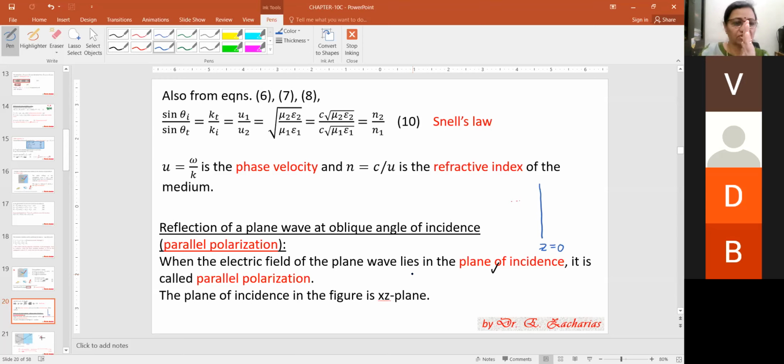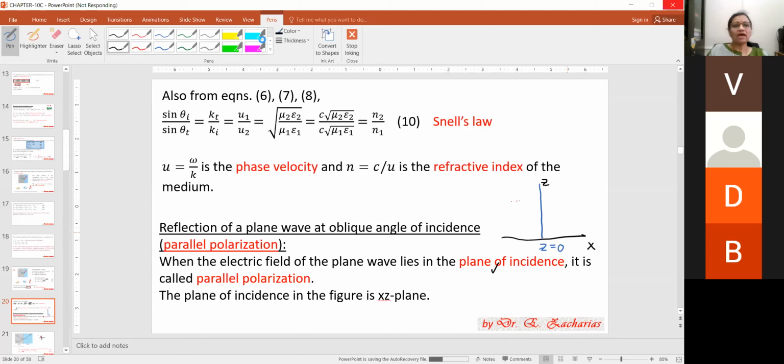One of you keep it unmuted. Next, let me draw the other axes. So I'm defining this as my x-axis, and this becomes my z-axis. This is my origin. Are you able to see?